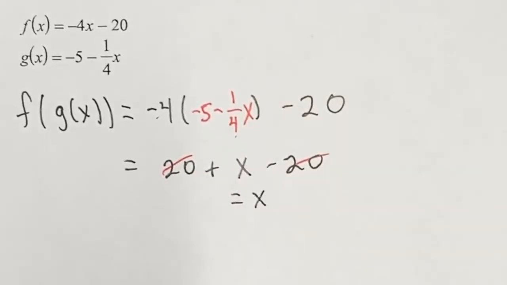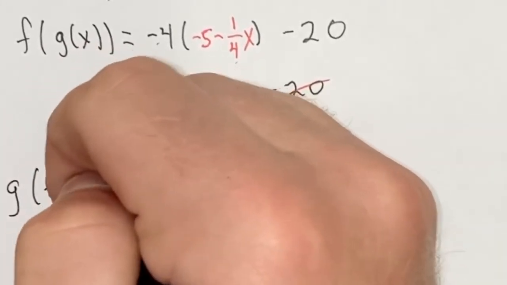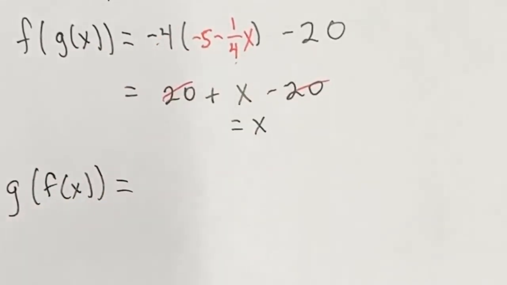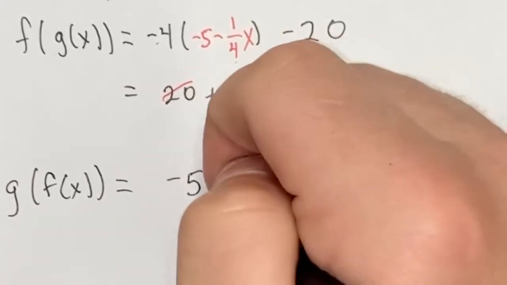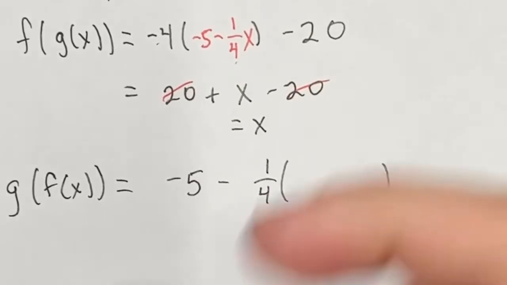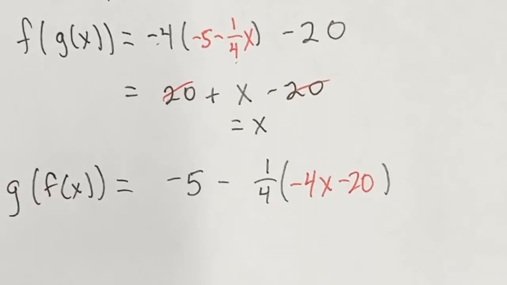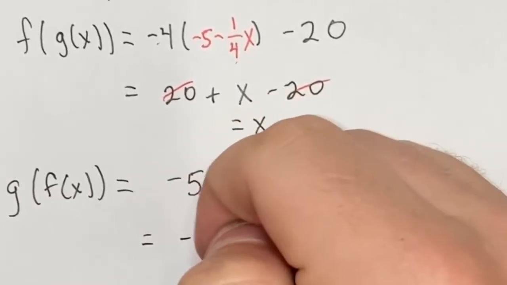In order for these to be inverses, we need to verify both, unfortunately. So g of f of x, we also want to check. Negative 5 minus 1/4 times f of x, in this case, is negative 4x minus 20. Simplify that, see what we get. Negative 5.